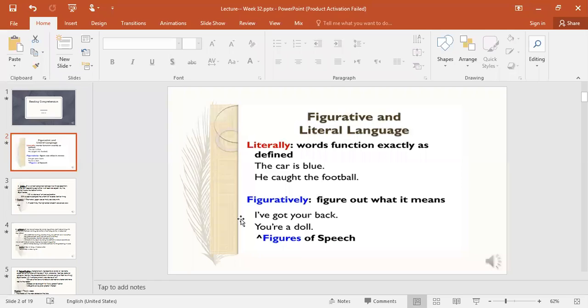So when I say literal, miss, I mean that the word functions exactly as defined. When I say the car is blue, I mean that the car is really blue. It functions as it is. Blue functions as a color of a car here. He caught the ball means that he really caught the ball. It functions the same way it is. It doesn't have any hidden meanings.